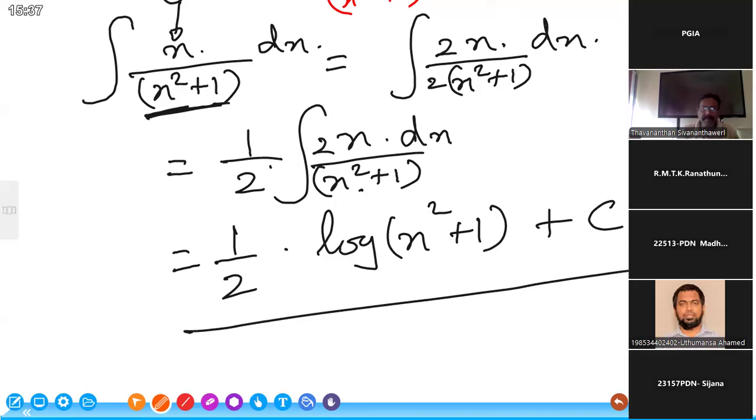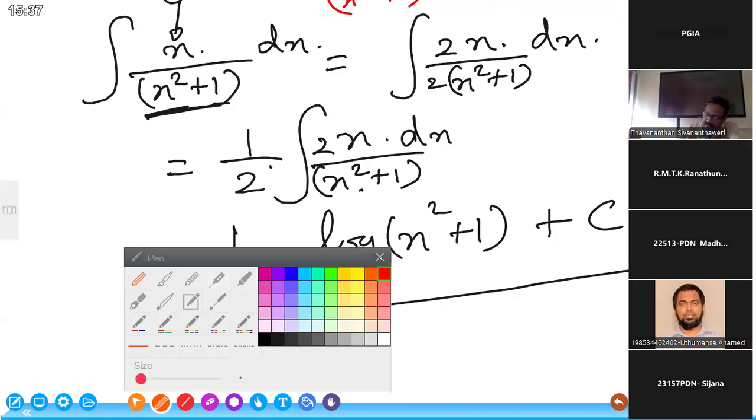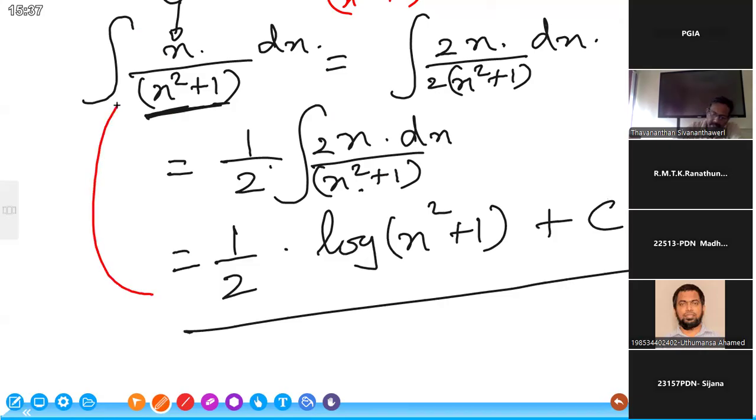So this is the answer. Any clarification? If you are not sure about the answer, differentiate it and you get the integrand back.